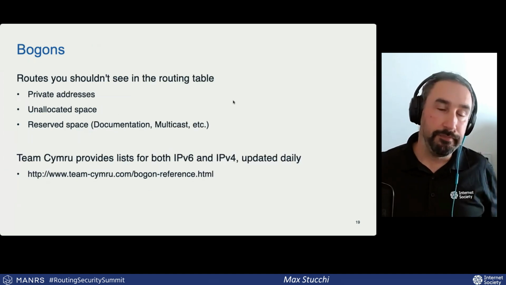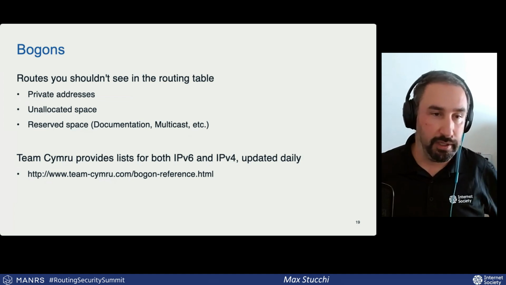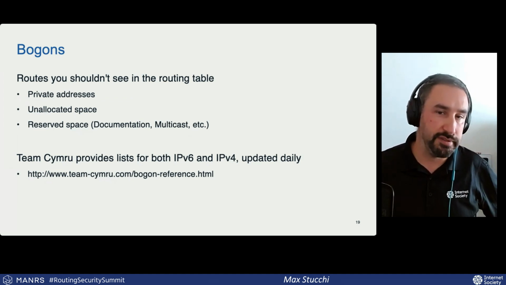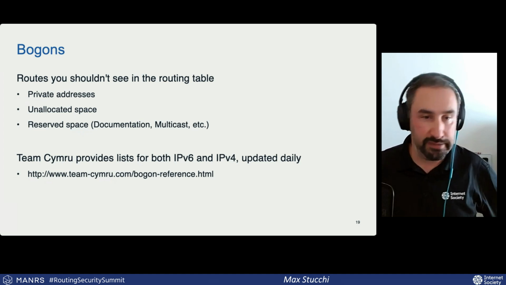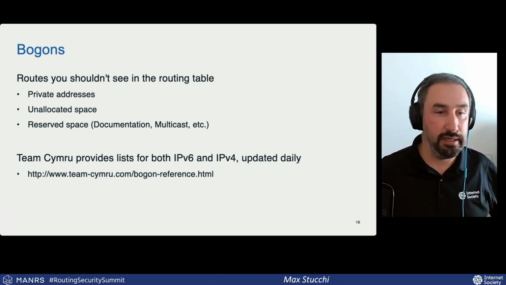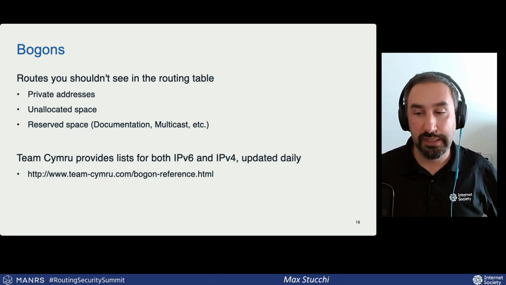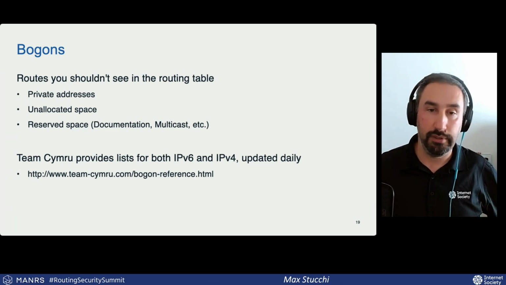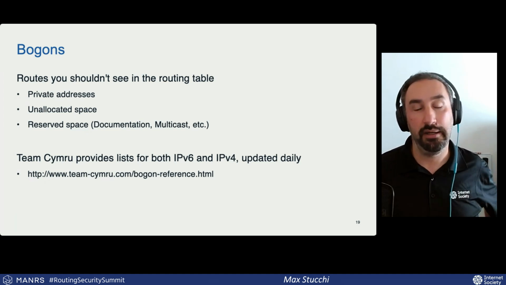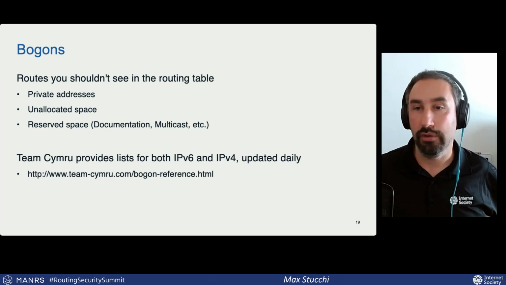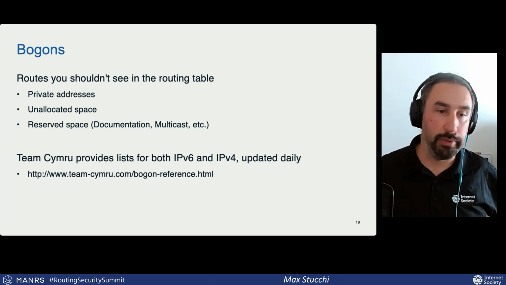Yeah, so I mentioned bogons, and bogons are routes you shouldn't see in the routing table because they are either private addresses, space that is unallocated, or space that has been allocated to a regional registry but hasn't been assigned to the local registry or to the operators.